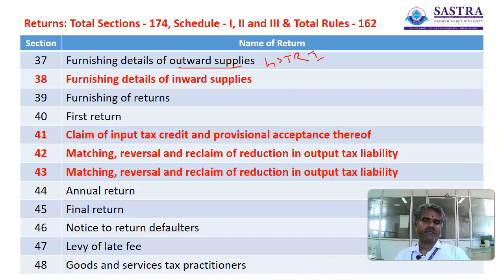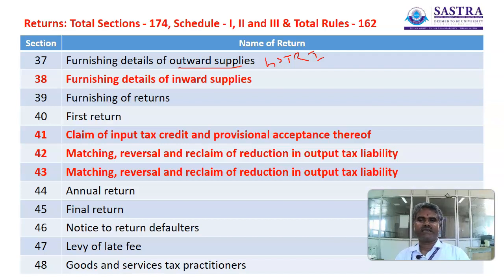Outward supplies means those who are buying goods from us. Details about sales, simple. You have to upload the details about sales, which is called outward supplies. Outward, going out from our business. Usually when the goods are going from our business, this is called sales. So here we have to follow section 37.